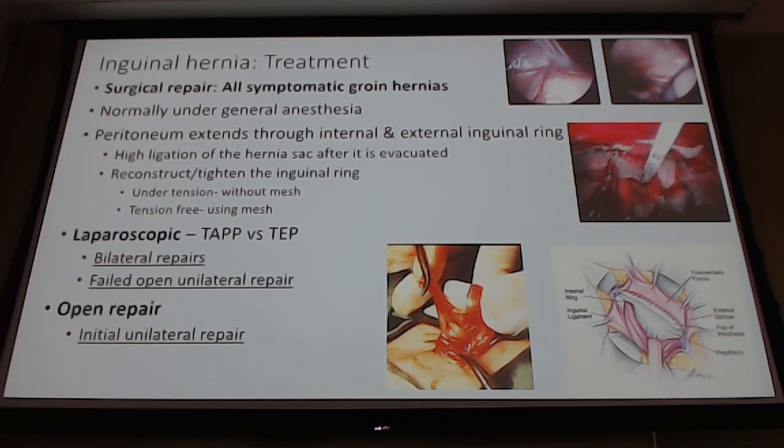Okay, not the deep, but the internal one, the superficial one. What that does is it makes it so that the spermatic cord can go through, but nothing else can. We close down that defect. But that's through an incision on the outside. So that's unilateral, and it's the first surgery we've ever had.